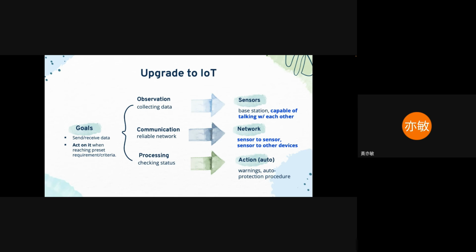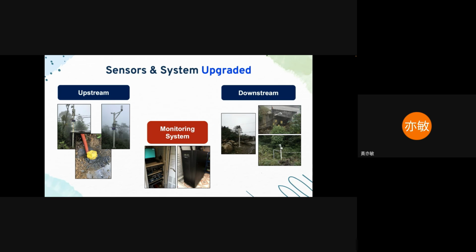The sensors can act first. They can announce the warnings to the people living in the upstream area, and they can evacuate without government notice. So that is the concept of upgrading to an IoT network, to communicate with each other, and most importantly, make decisions with each other based on our criteria.